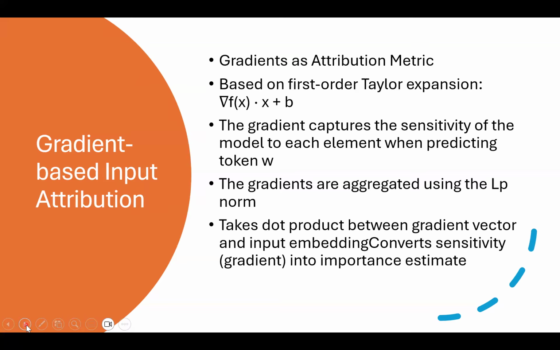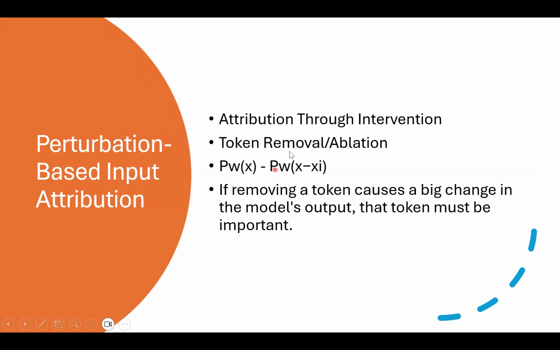Now, the difference with perturbation based input attribution is that here you will manually remove or ablate some tokens at different positions. I can mask tokens, or ablate them, setting the value of that token to a padding token or some special token.